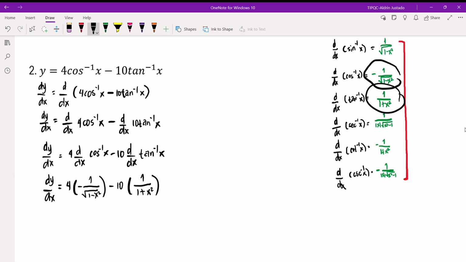So let's try to solve this. dy over dx is equal to negative 4 divided by square root of 1 minus x squared minus 10 times 1 over 1 plus x squared, so 10 over 1 plus x squared. Okay?